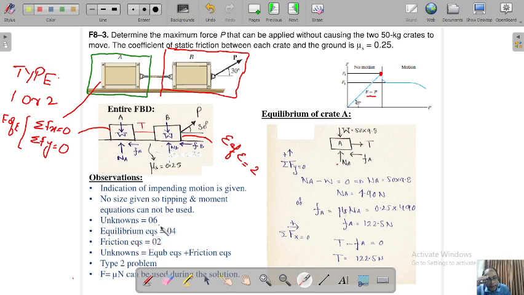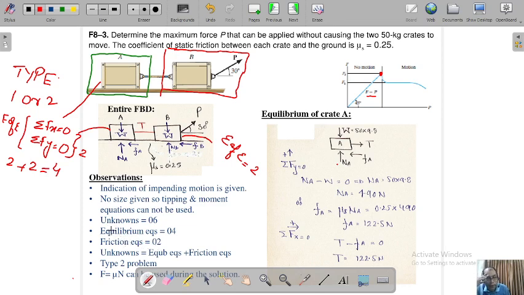Equilibrium equations are 2 plus 2, which is 4, and 2 friction equations.